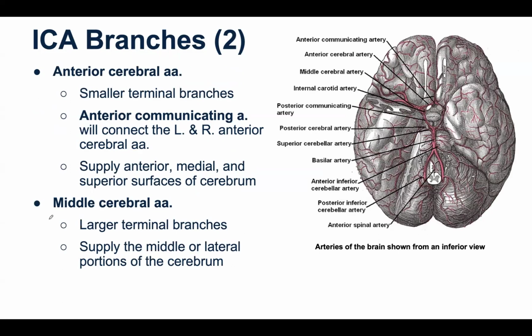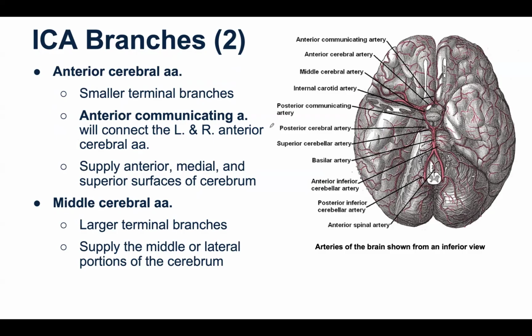Moving to the anterior cerebral arteries, these are going to be the smaller terminal branches of the internal carotid, but still very important in supplying, as the name would suggest, the anterior portions of the brain, as well as the medial and lateral portions of the cerebrum.